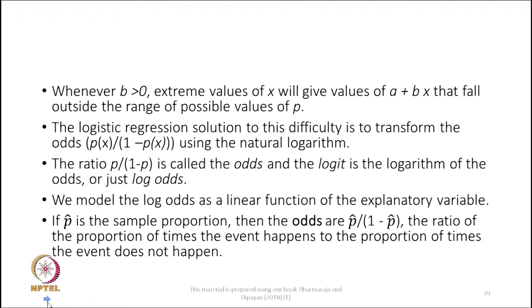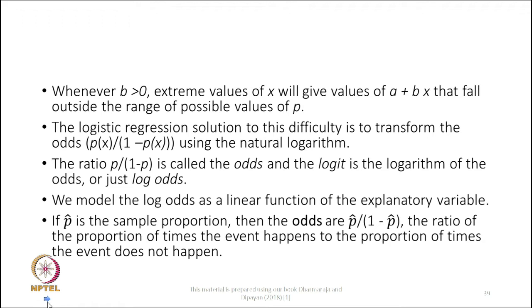Therefore, instead of p you create odds. Odds is nothing but p of x divided by 1 minus p of x, and take the logarithm of odds. So, the ratio p divided by 1 minus p is called odds, and logit is the logarithm of the odds, or just log odds.